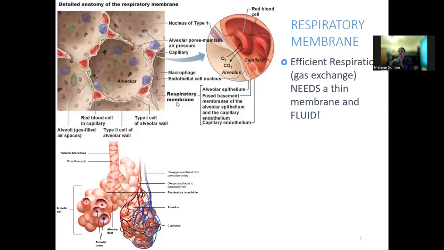Well, the respiratory membrane has to have a couple characteristics in order to facilitate the most efficient respiration or gas exchange possible. A couple of those characteristics, the ones that we're going to focus on, are first of all, it needs to be thin. And second of all, it needs to have fluid.